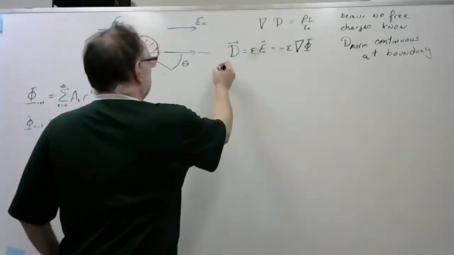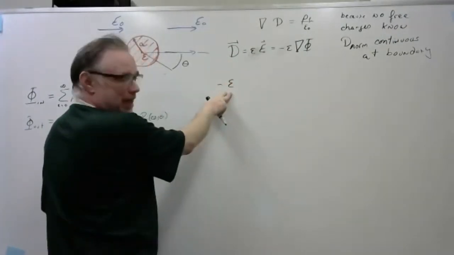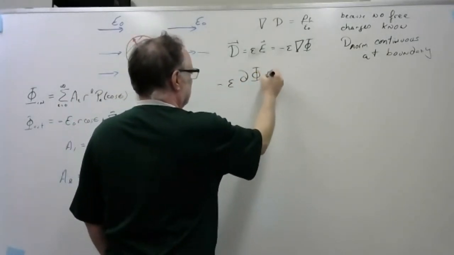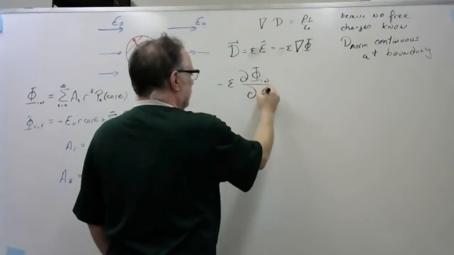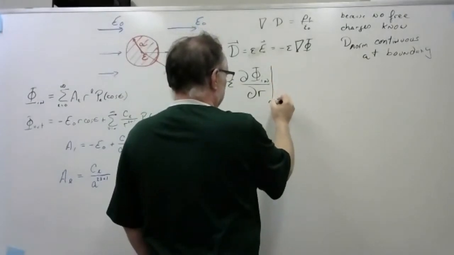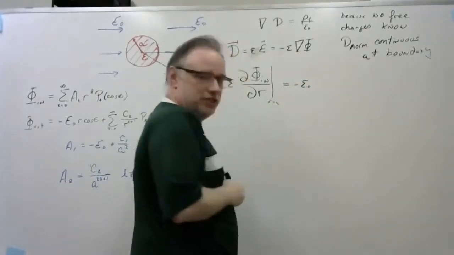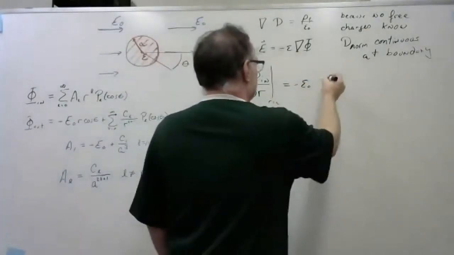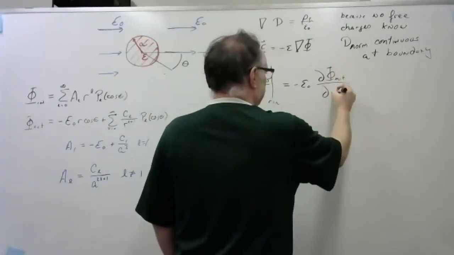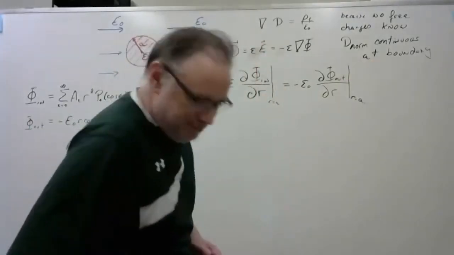So inside, my potential inside, I have to multiply by epsilon here. Taking a normal component, so therefore the radial component, that must equal minus epsilon naught outside and evaluate that.